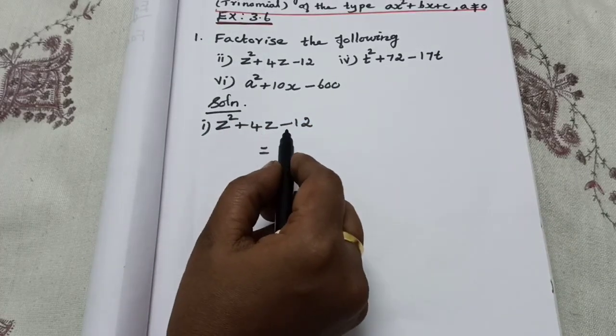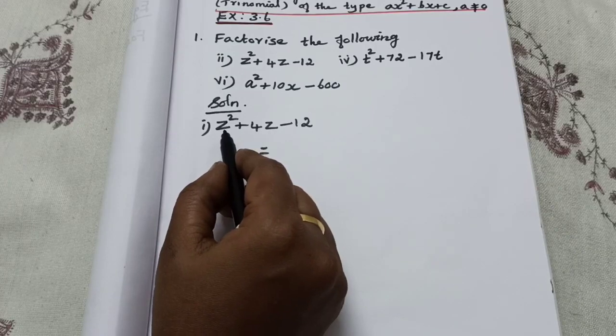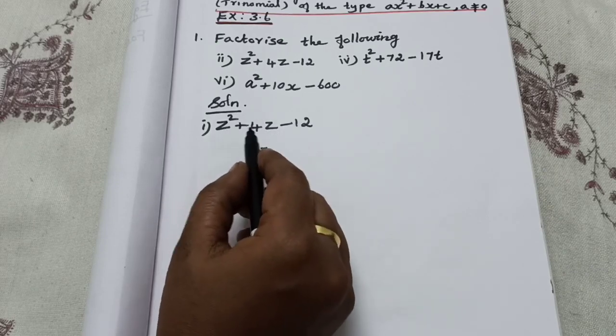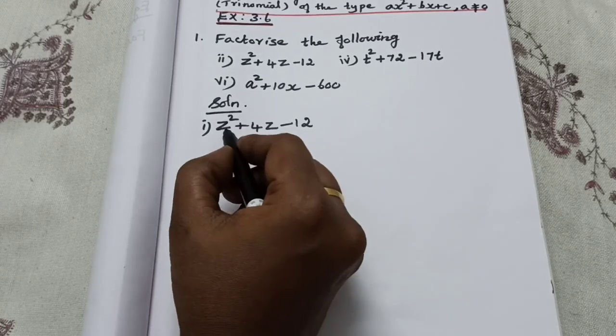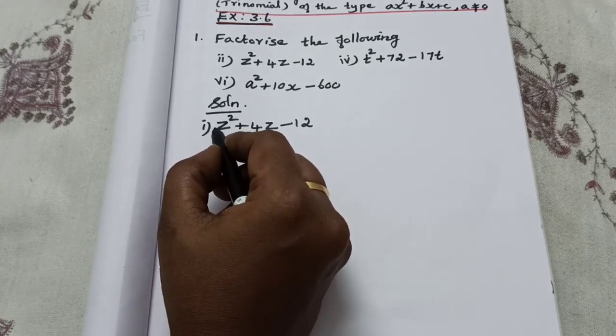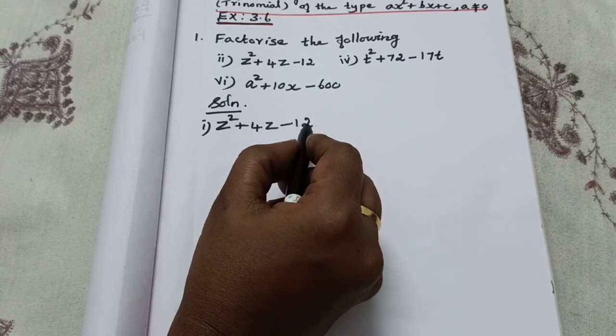Now you see, here instead of x what is given? z is given. Variable is z. That's the difference. Okay, no problem. So for z square, what's the coefficient given? 1, isn't it? That 1 and the constant minus 12.